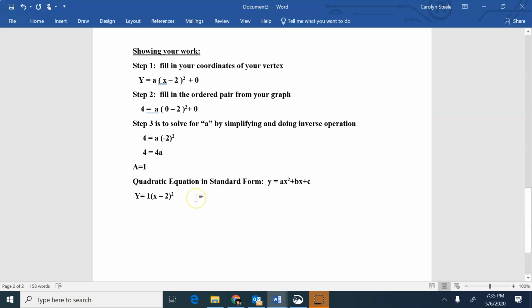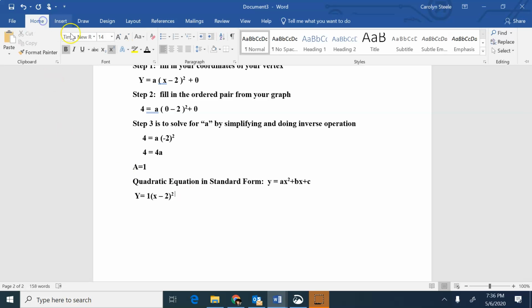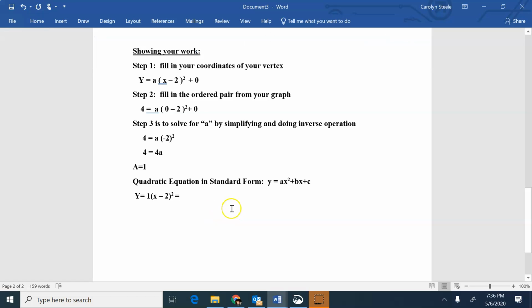X minus 2 squared is the same as x minus 2 times x minus 2.